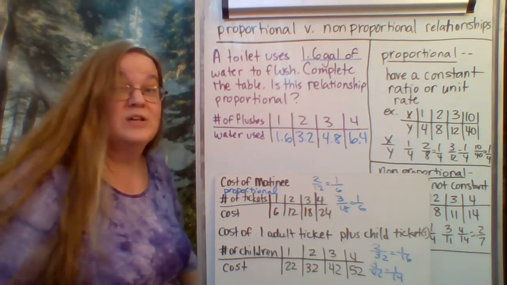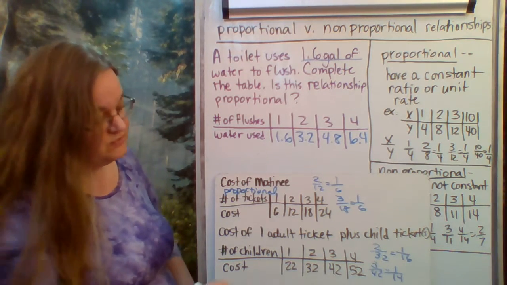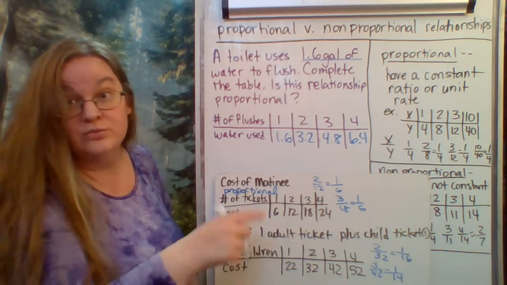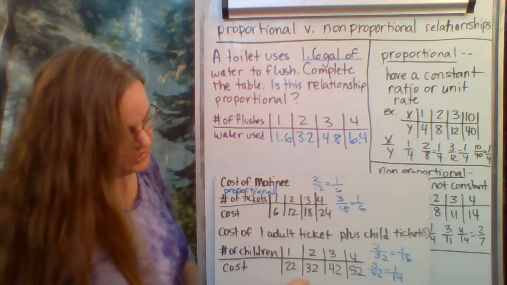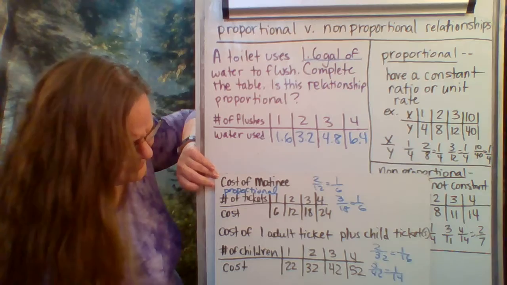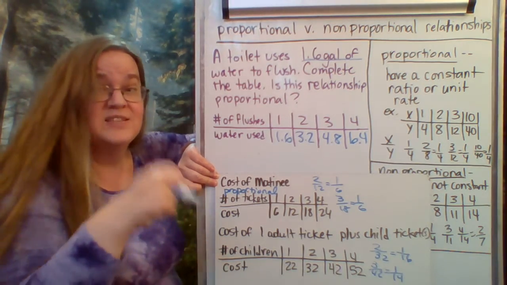What's happening? The cost of an adult ticket is different than the cost of a child's ticket. So since I have that one adult ticket, I didn't start out with the same rate, that 10, as if I were looking at the relationship, it's going up $10 each time for each kid. So that means the adult ticket is $12. Since it's 12 and not 10, it's not the same.